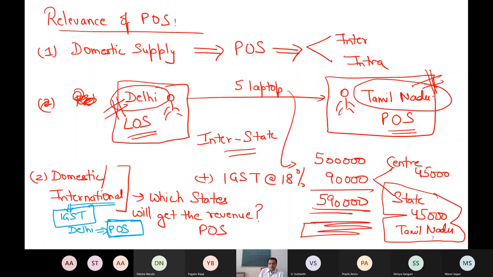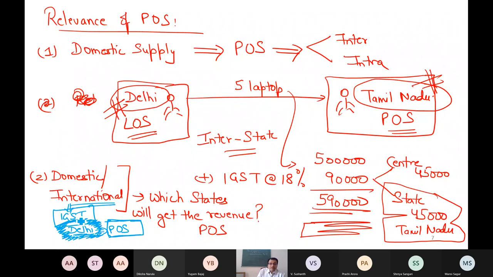And I am assuming that because I have not taught you how to determine place of supply in international supply. Again, for simplicity, assume that an importer from Delhi has imported some goods and the place of supply is Delhi.